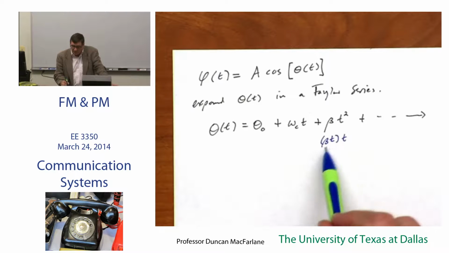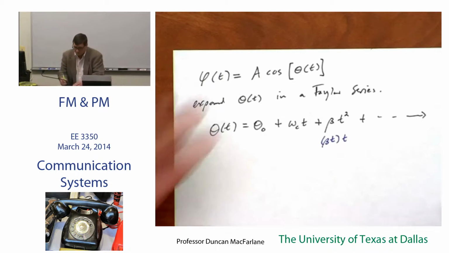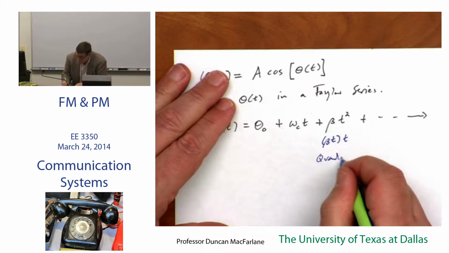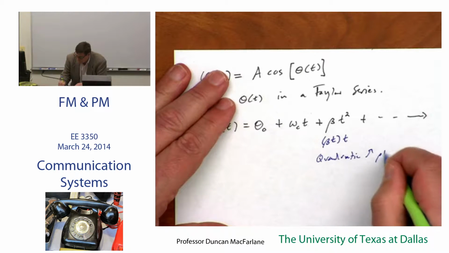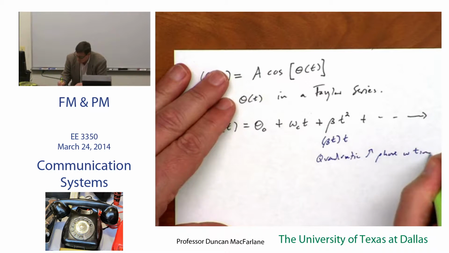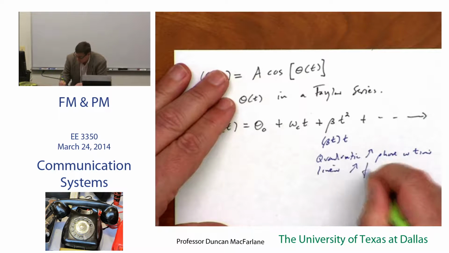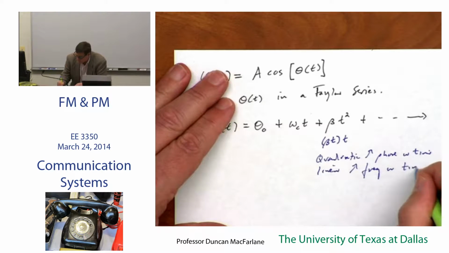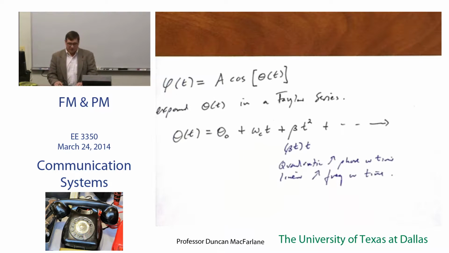My frequency is linearly increasing with time. Quadratic increase in phase with time. Linear increase in frequency with time. When I say phase, I mean the phase angle of the signal, the number of radians that I accumulate.